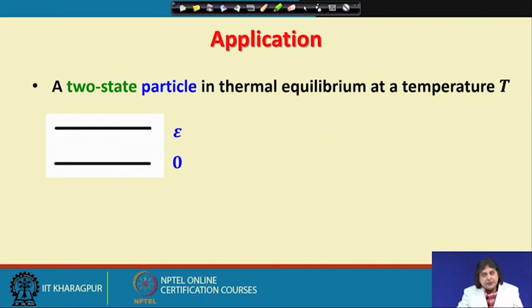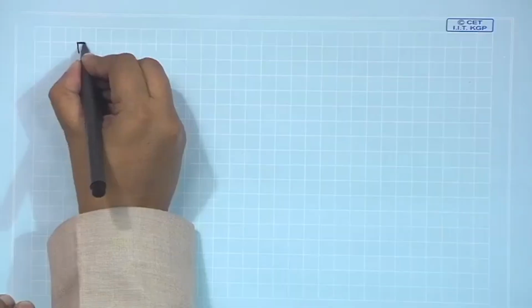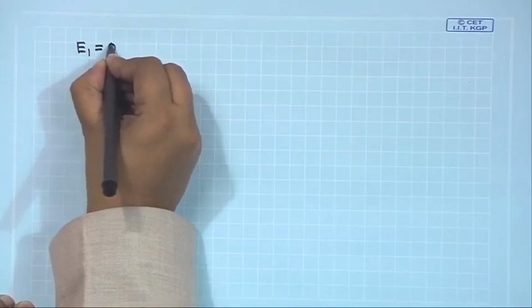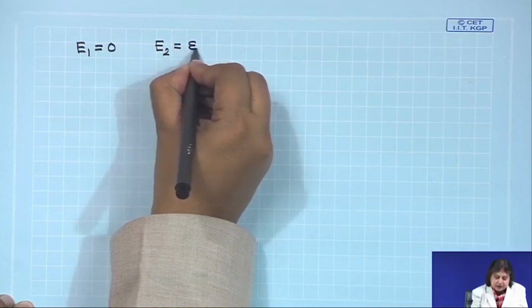So, once again, how many microscopic states are possible for this system? The Schrodinger equation solution tells you that only 2 microstates are possible. And what are these energy values or energy eigenvalues for these 2 states? One is E1 equal to 0, the other one is E2 is equal to epsilon.